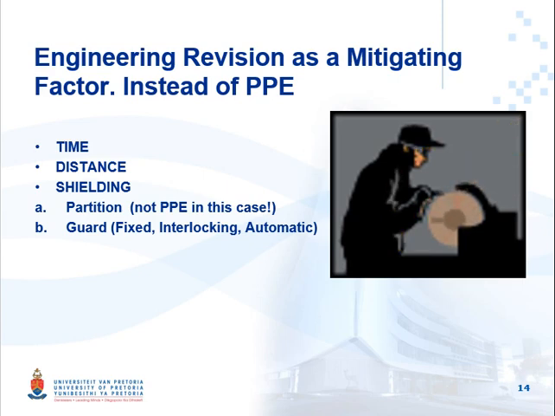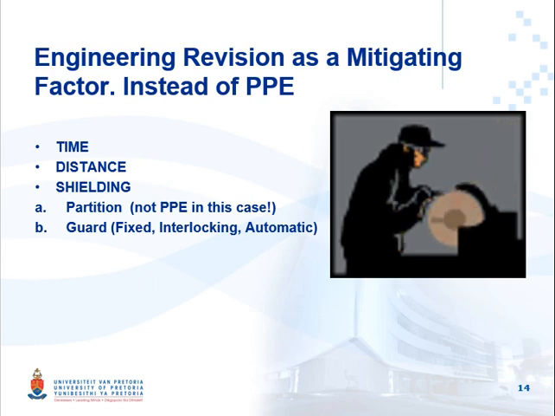For example, if they are going to do welding, they need a proper shield to cover their eyes, or proper gloves to protect their hands. Those are the things that you need to do. But before that, you need to think about whether there are any steps from the engineering perspective that I can take before even thinking about PPE or relying on PPE.